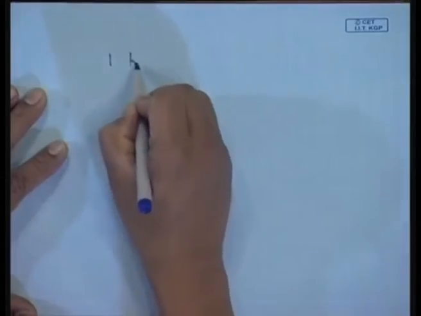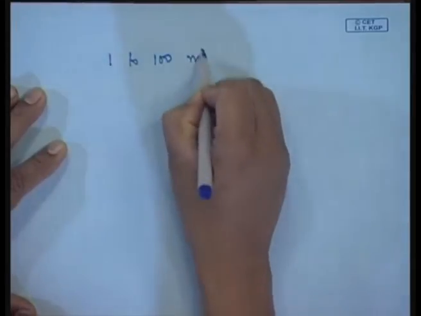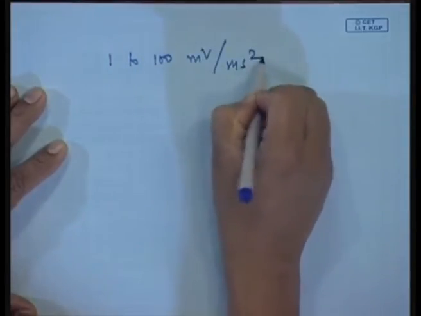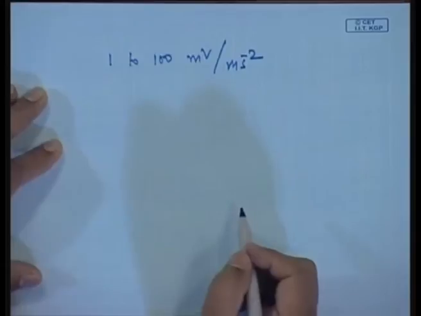Typically, the sensitivity ranges of these accelerometers are about 1 to 100 millivolts per meter per second square. Okay.